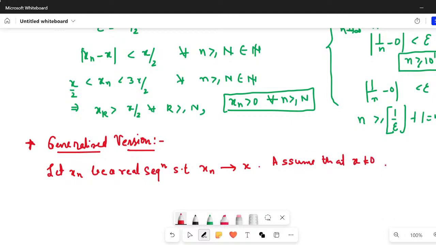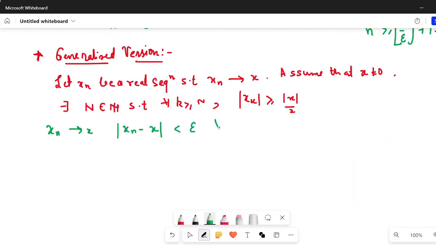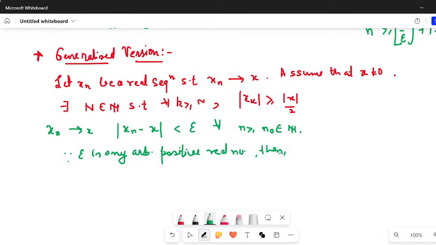If x is non-zero, then there exists some N belonging to natural numbers such that for all n greater than equal to capital N, since epsilon is any arbitrary positive real number, why not take epsilon equal to modulus of x by 2? Let us define epsilon equal to modulus of x by 2.